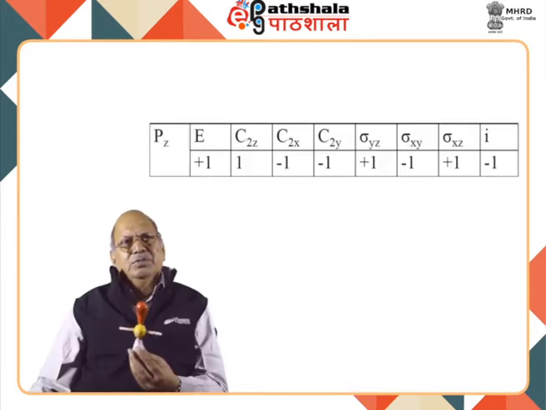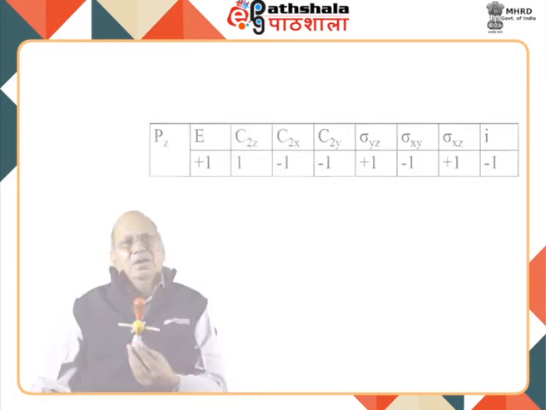The effect of various symmetry operations on pz orbital is summarized in the table over here, and these are E gives plus 1, C2z gives plus 1, C2x minus 1, C2y minus 1, sigma yz plus 1, like this it is shown. These types of representation in terms of plus minus 1 using px, py, pz orbitals as the basis are known as the non-degenerate representation. That is only the plus 1s result.